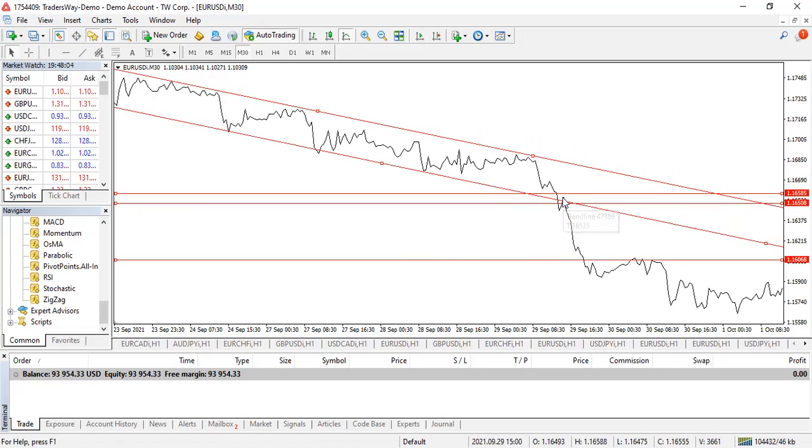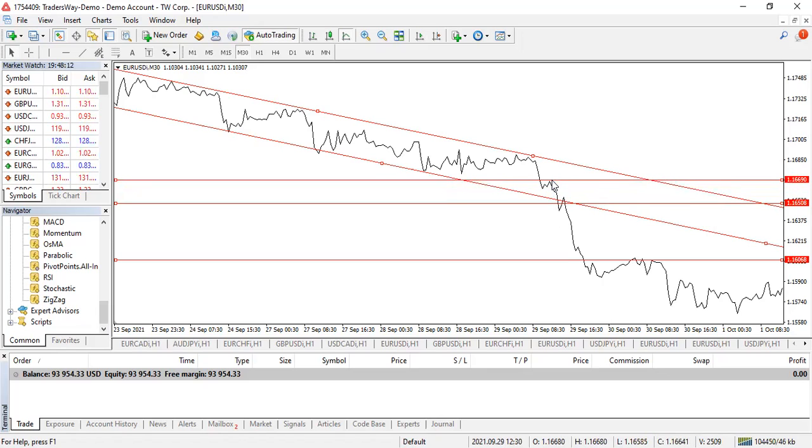By this point, I'll be in loss before the market starts coming in my direction. So I can place my stop loss here if I want to trade this market aggressively. You look at the nearest resistance and place your stop loss. That is if you are going for a sell.